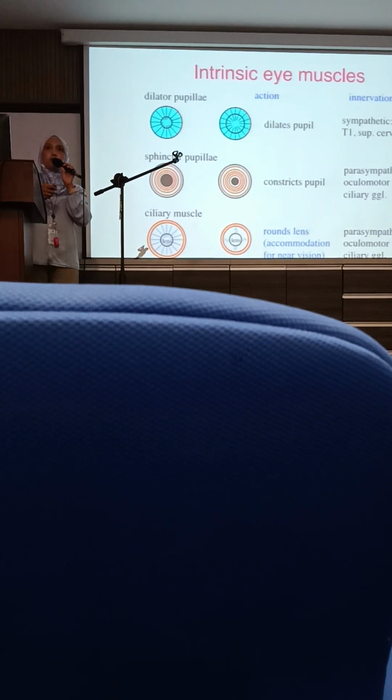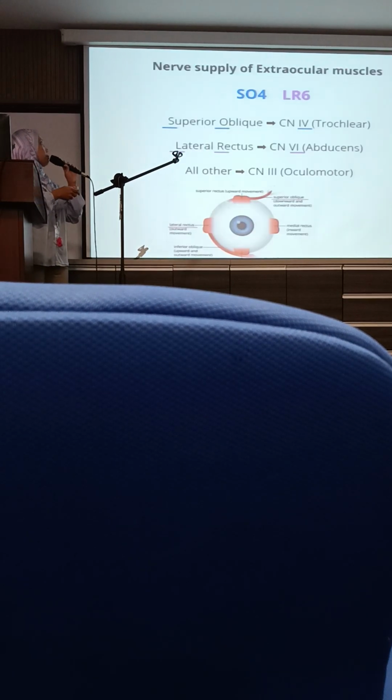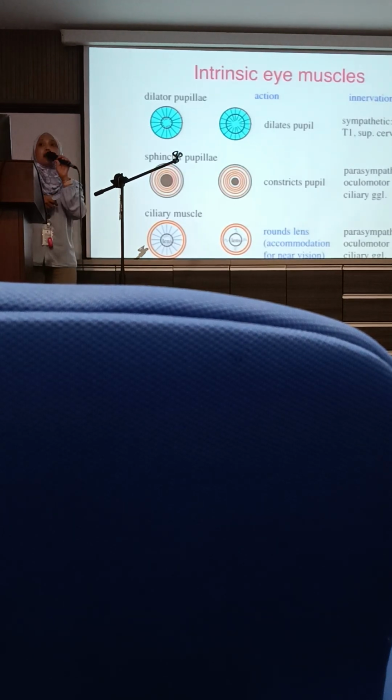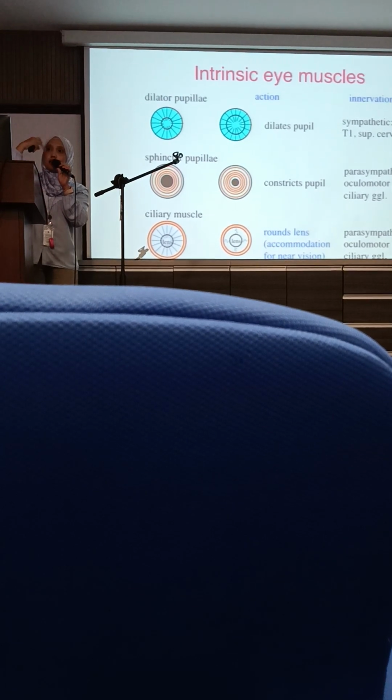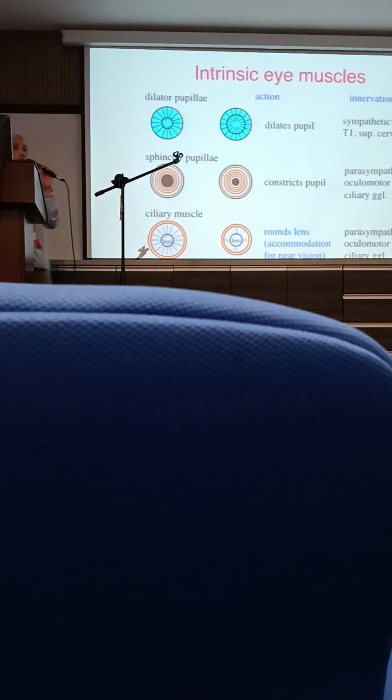And then not only do you have extraocular muscle problems, you also have problems of the intrinsic eye muscles, the intrinsic eye muscles controlling the pupils itself. You can have dilator pupillae problems, which is supposed to dilate the pupil, and then you have sphincter pupillae, which is supposed to constrict the pupil.